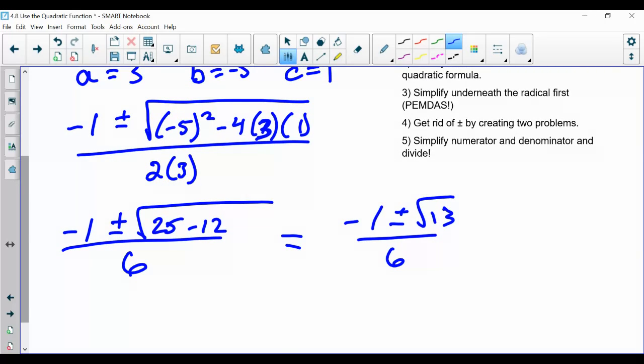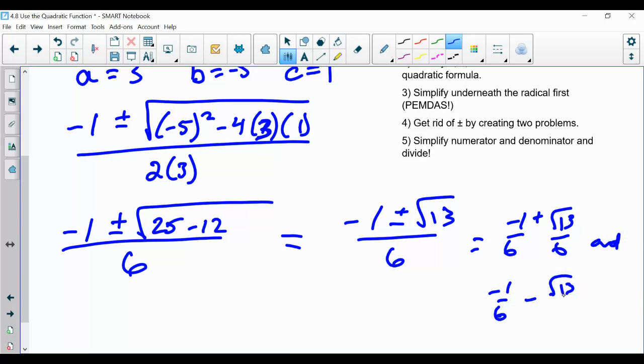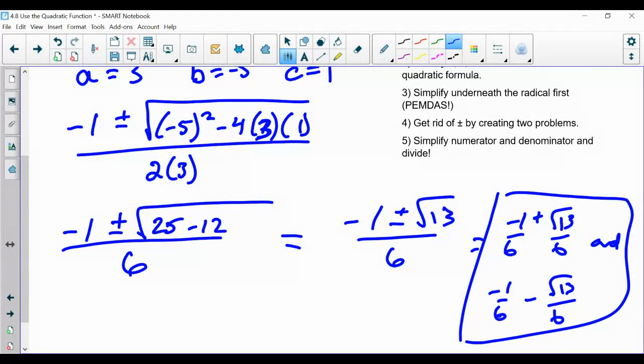Meaning our answers would be 5/6 plus root 13 over 6 and 5/6 minus root 13 over 6 for your final two answers.